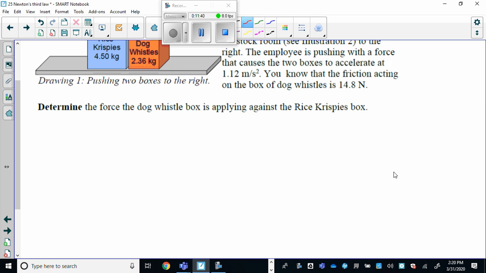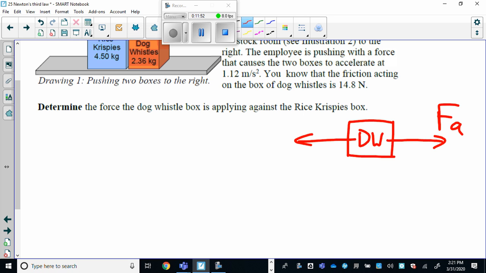Okay, so if I do a free body diagram for the dog whistle box, I have an applied force pushing it this way, and I have the force of friction pushing it that way. This one's a little more intricate than the other one.